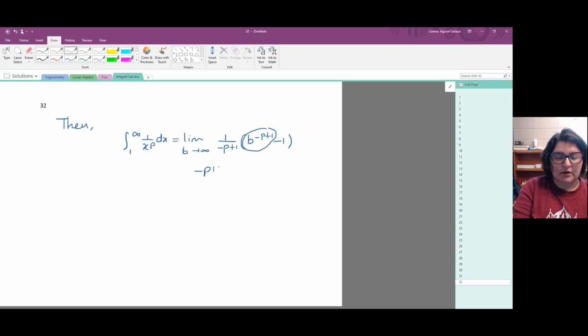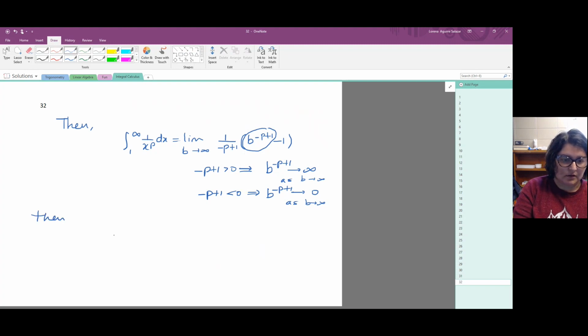If negative p plus 1 is positive, then b to the negative p plus 1 goes to infinity as b goes to infinity. While if the power on b is negative, then we're sending b to the bottom, and b to the negative p plus 1 goes to 0 as b goes to infinity.